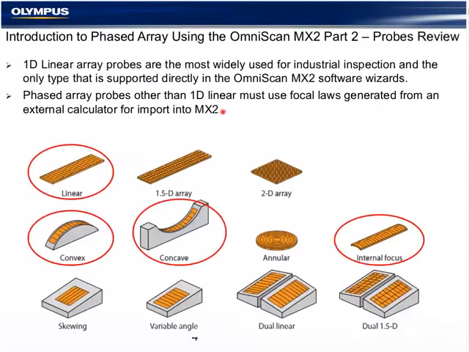We had talked also about probes and wedges, and for the MX2, the overwhelming majority of these applications are limited to 1D linear array probes like you see circled here. And the majority of these are 1D linear flat arrays, which we'll be using today.